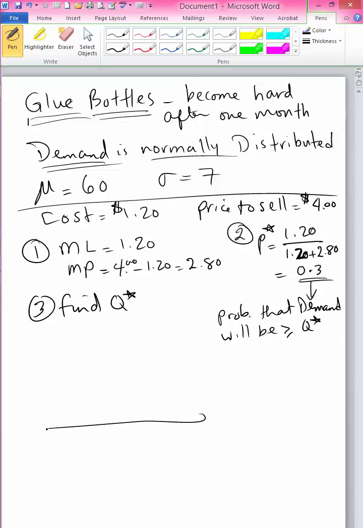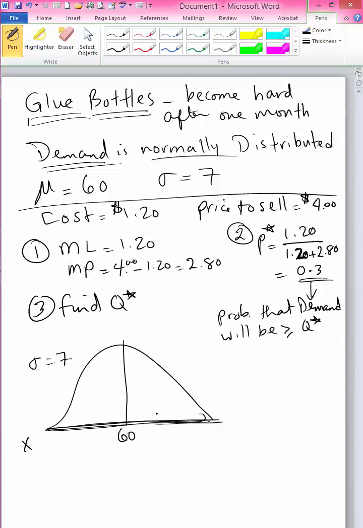So if my demand is normally distributed, as it is in this problem, and on the x-axis I know average demand is 60 and standard deviation is 7 units, I want to find that quantity along this axis, which is my Q star, my optimum quantity to stock.